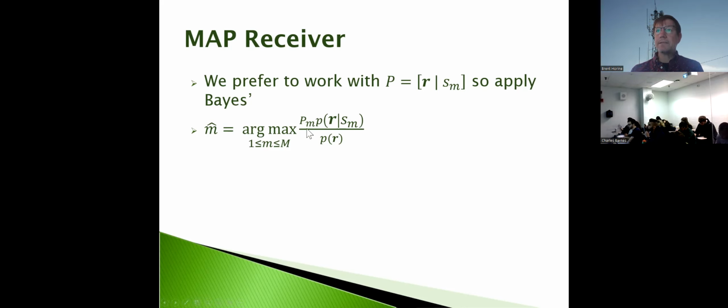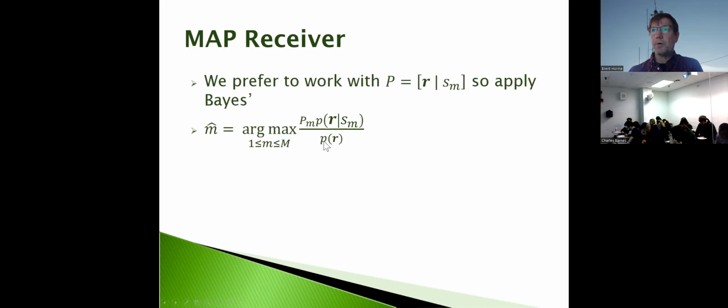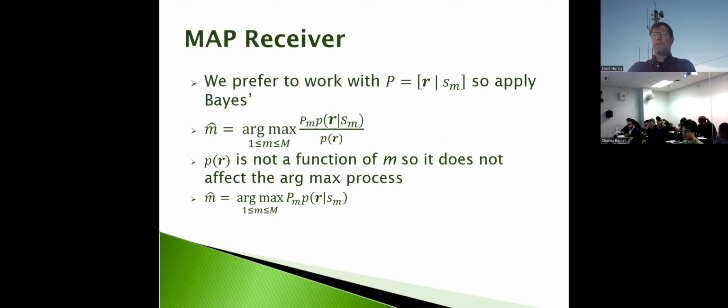Now, that's just applying Bayes' rule to this previous equation here. Okay, so we're just flipping around the order in which those conditionals appear. Instead of saying M conditioned upon R, we're going to look at R conditioned upon M, or R conditioned upon S sub M. We still want to maximize that because this is an equality, right? We've just gone through this Bayes formula.